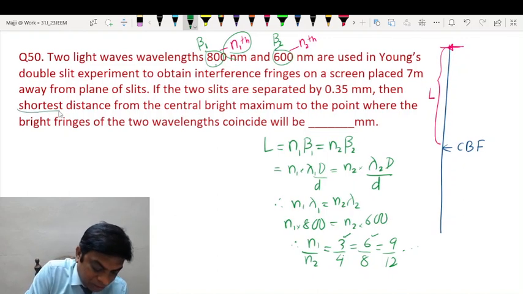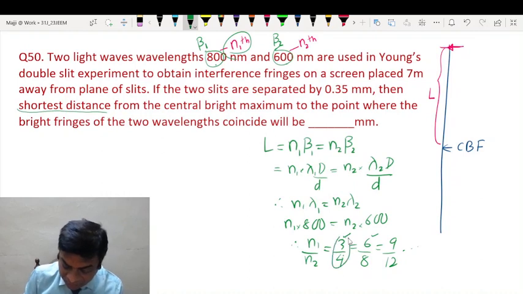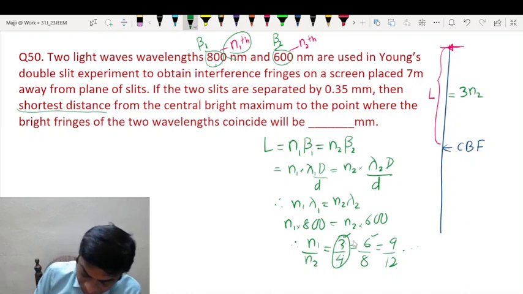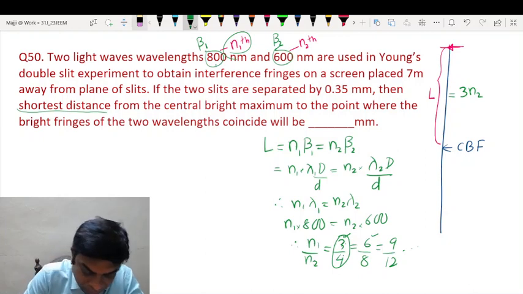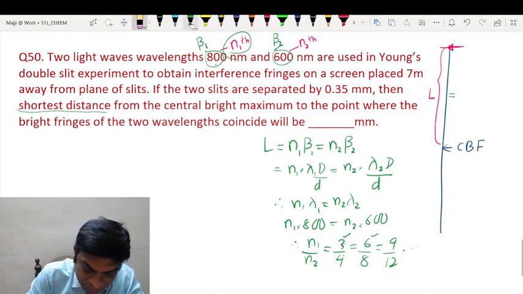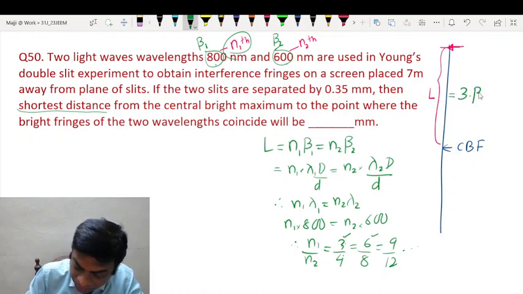They are asking the shortest distance, so we have to take this first situation. So this L we have to find. L will be 3 times beta 1, or 4 times beta 2, anything is okay. n1 is 3, so 3 times beta 1.